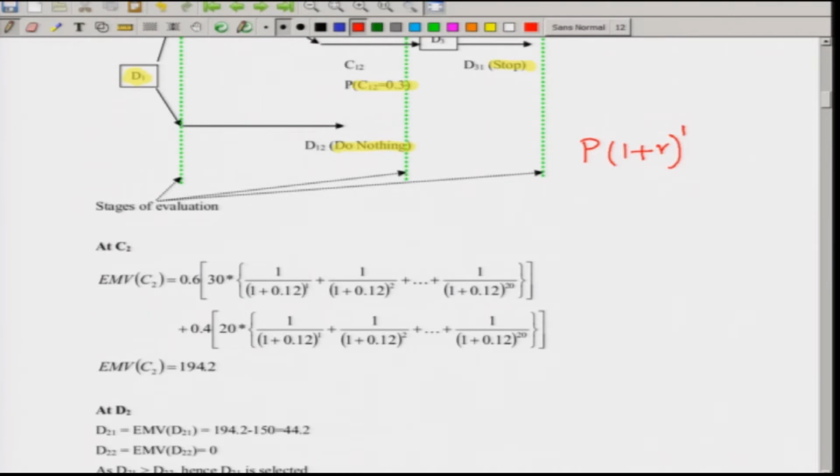So, at the end of 2019, that means on 31st December 2019 or 1st January 2020, the total amount of money I will have in my pocket would be P times (1 plus R) to the power 1. This would be the value after the first year.